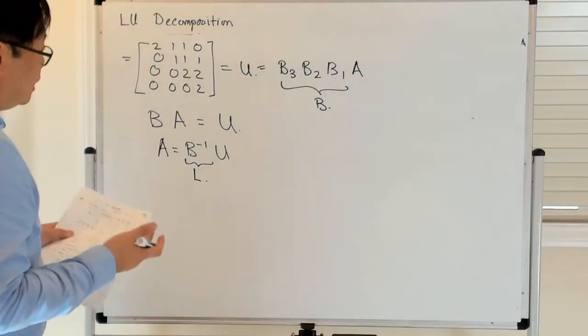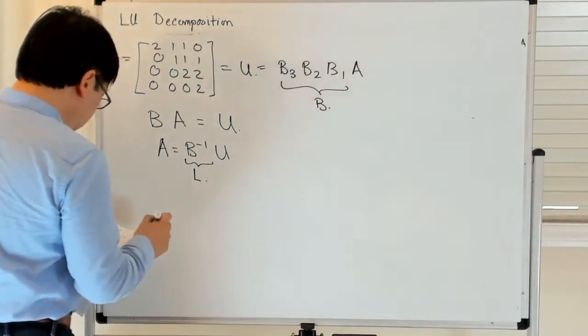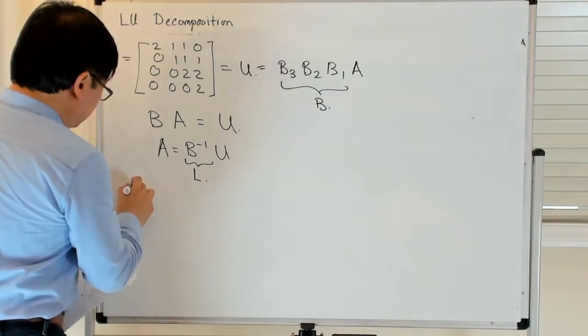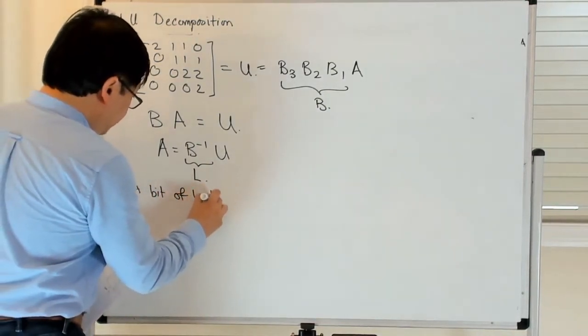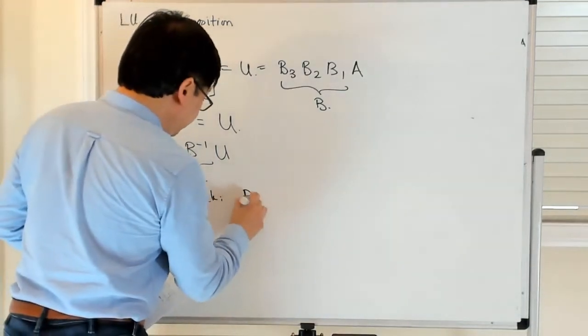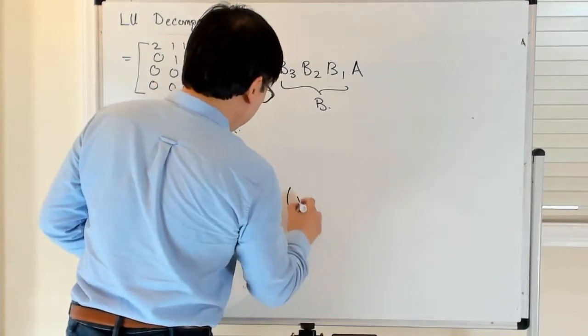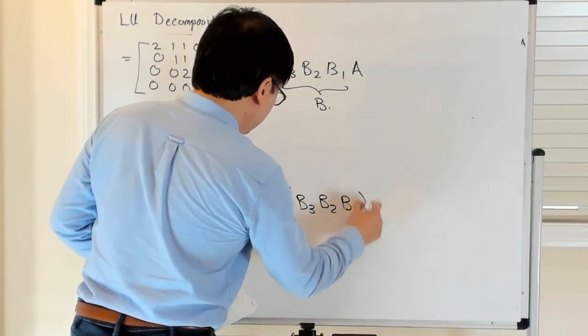So it turns out that there's going to be some luck involved about what this B inverse looks like. So a bit of luck is the following. What is B inverse? B inverse is going to be, by definition, this product (B3 B2 B1) inverse.